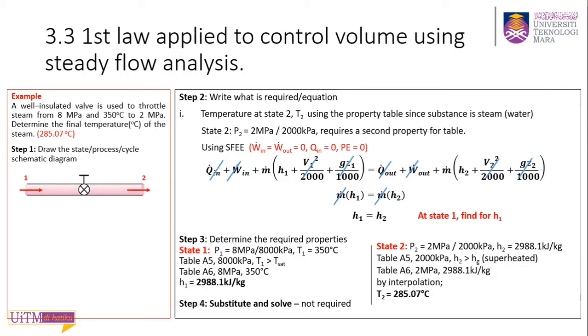So using table A6 at 2 megapascal with the value for enthalpy h2, we can see that it requires the interpolation technique to find the temperature at state 2. So doing the interpolation technique, we can see here that the temperature for state 2 is 285.07 degrees Celsius. For step 4, since we have already solved the question, step 4 is not required here.